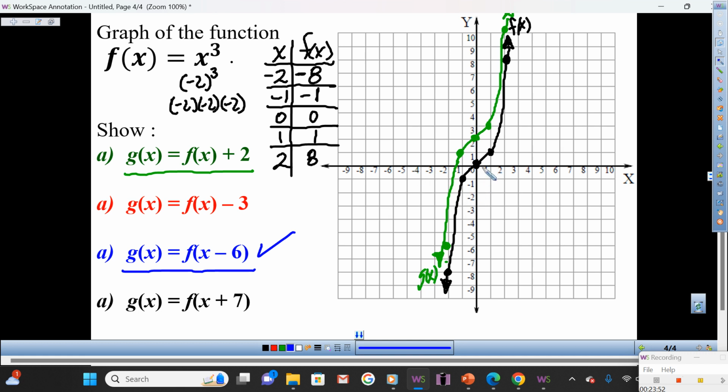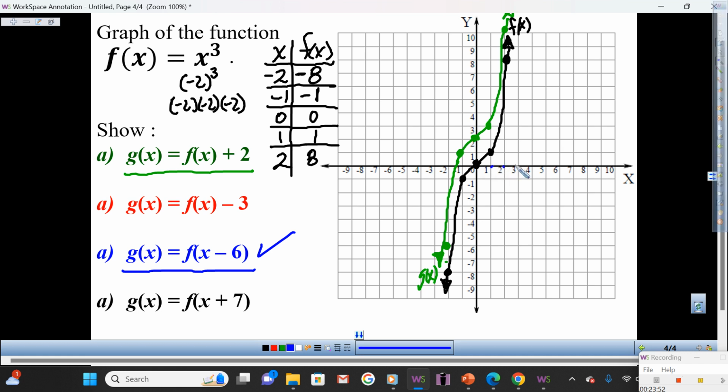All right. Tell us what's going to happen in regards to this blue transformation. Pass someone, Brianna. Let's go. I'm going to do a hard pass on this one. Let's get Rylan. What's going to happen to this original one according to the blue? To the right, 6 steps.